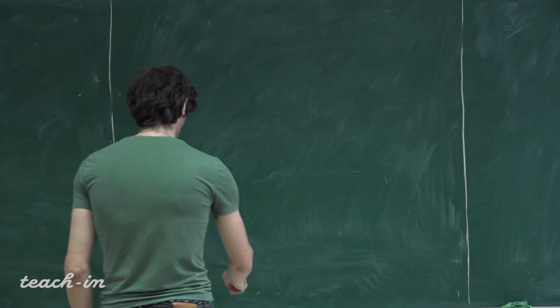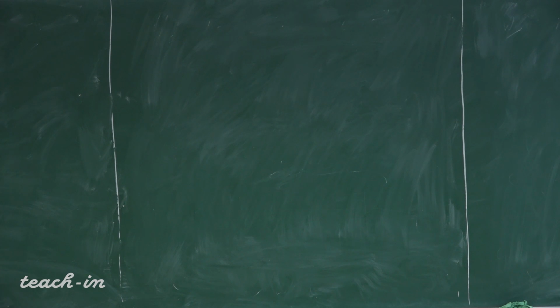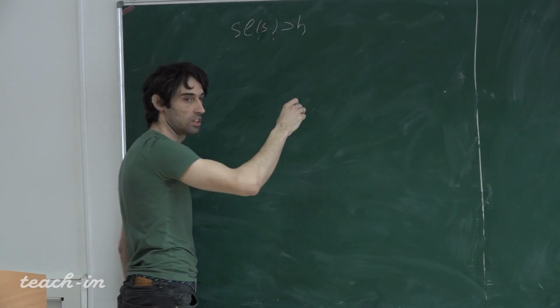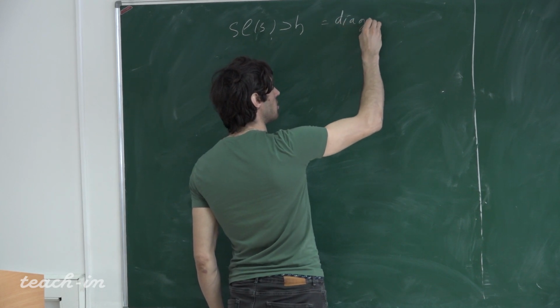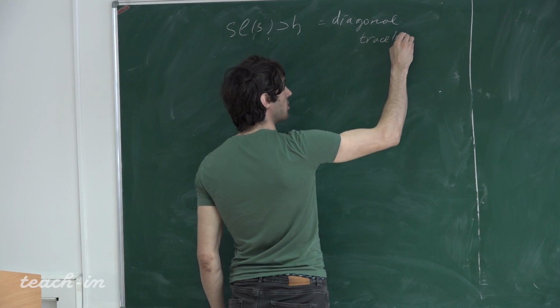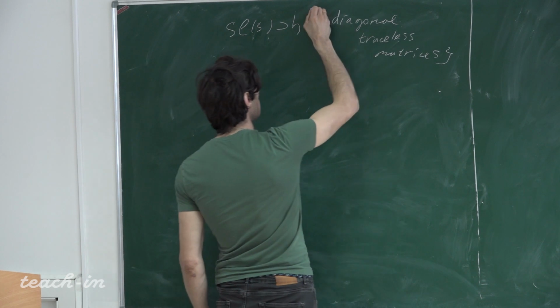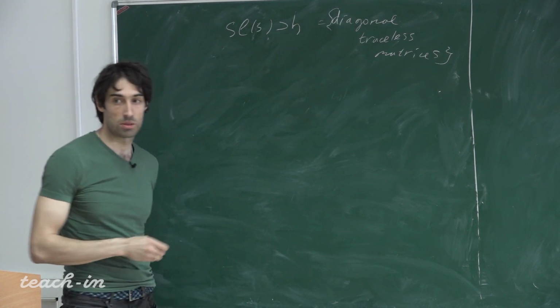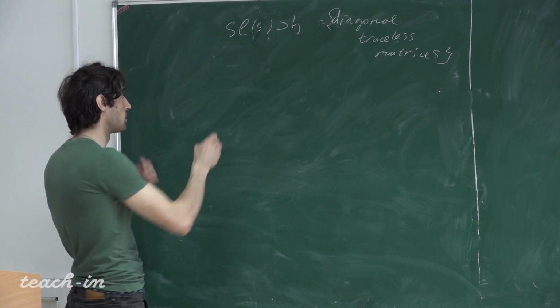But first, how to see that SL3 with Cartan subalgebra corresponding to diagonal traceless matrices, and we have the corresponding root system, right?